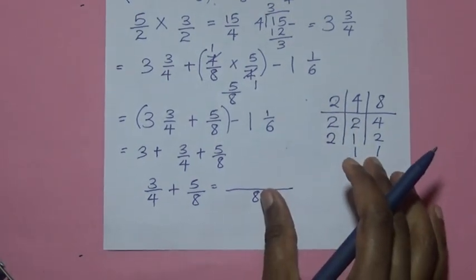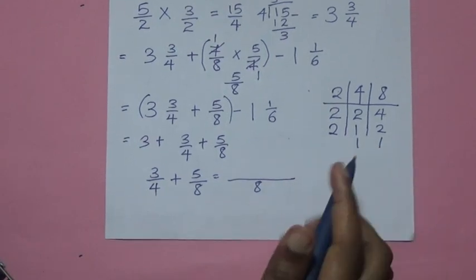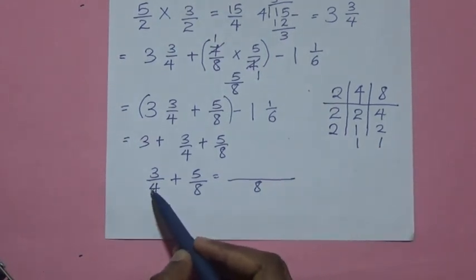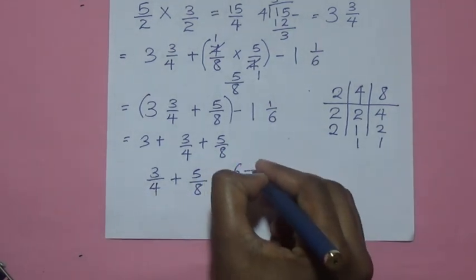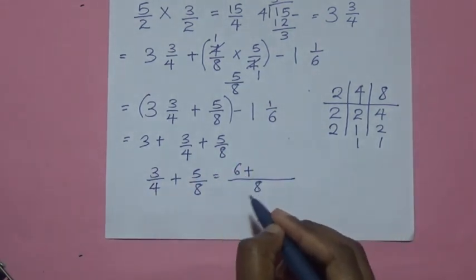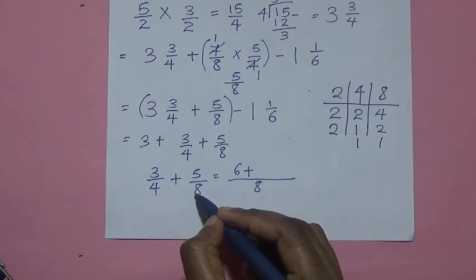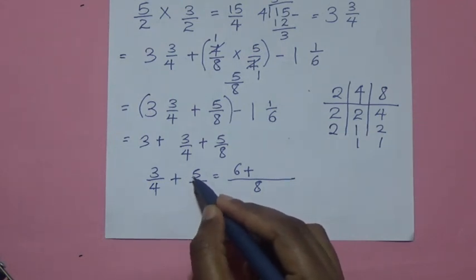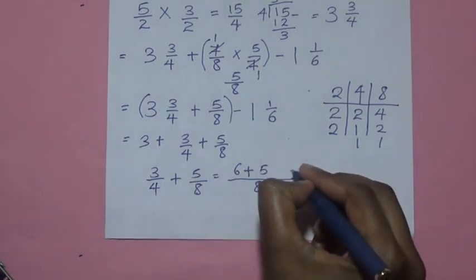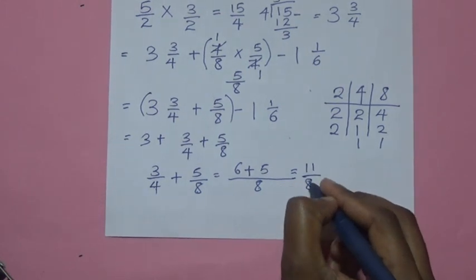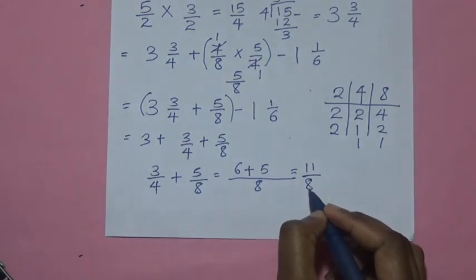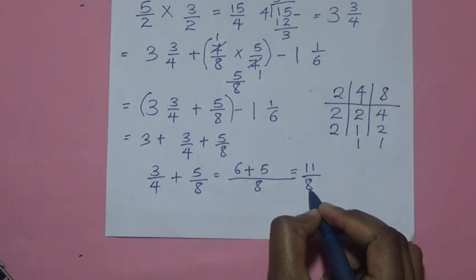Okay? So let us work out this. 8 divided by 4 is 2 multiplied by 3 will give us 6, plus 8 divided by 8 will be 1 multiplied by 5 will be 5. So we are going to have 11 over 8. 11 over 8 is an improper fraction.